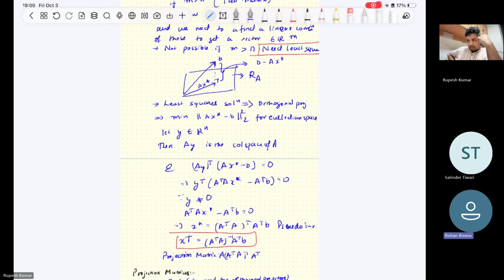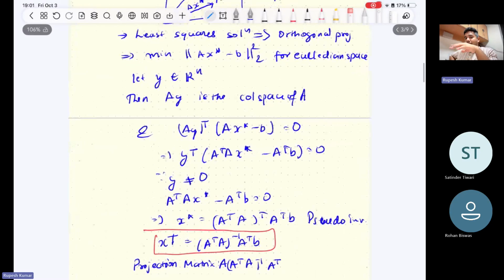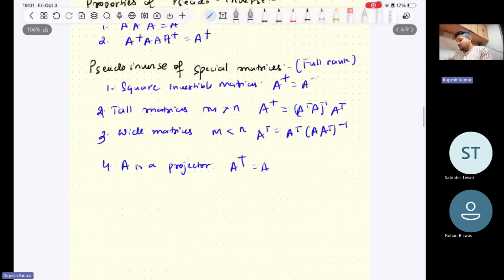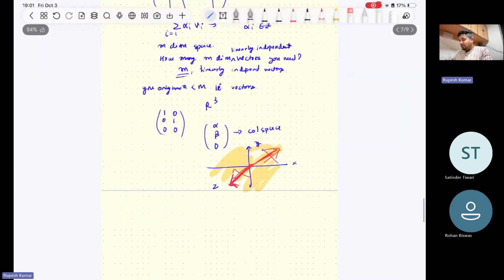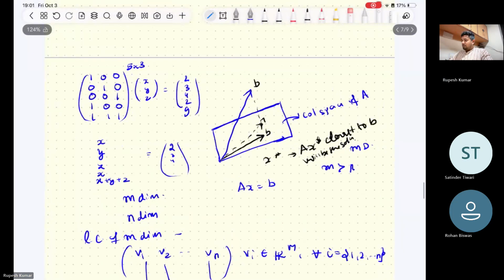Not necessary. Maybe redundant equations are there. You're right. In that case, you will see that this pseudo inverse will be equivalent to basically this case that we saw. The vector lies in the column space, right? We saw this example.